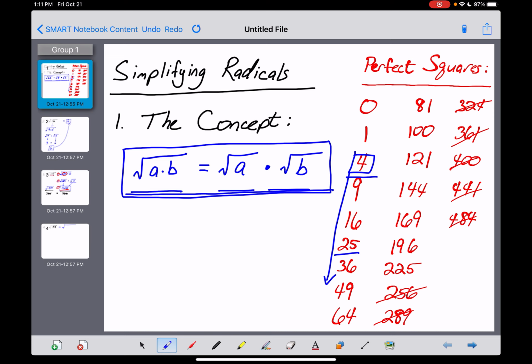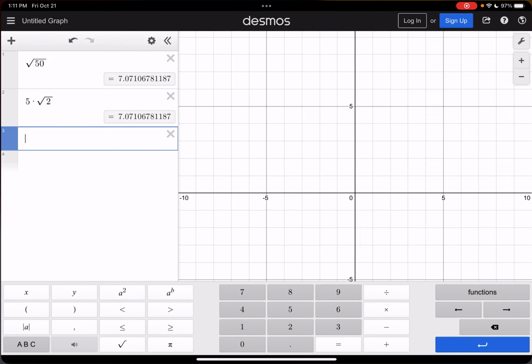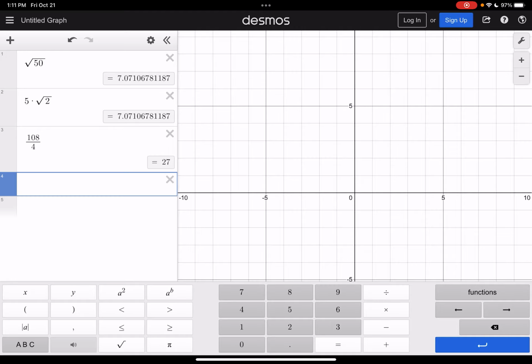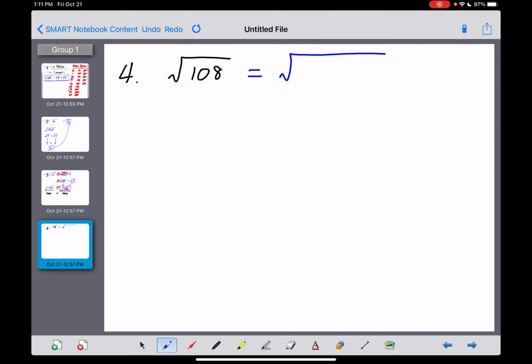Now, if I do it that way, the first thing I'm going to think about is 4. And so the question in my head is, does 4 go evenly into 108? So I would imagine most of us would go to our calculator now and ask it, hey, calculator, what is 108 divided by 4? And we would hope that it works out nicely. And it does. We end up with 27. So, again, this is not the way I'd recommend doing this problem, but the 108 can be split up into 4 times 27.